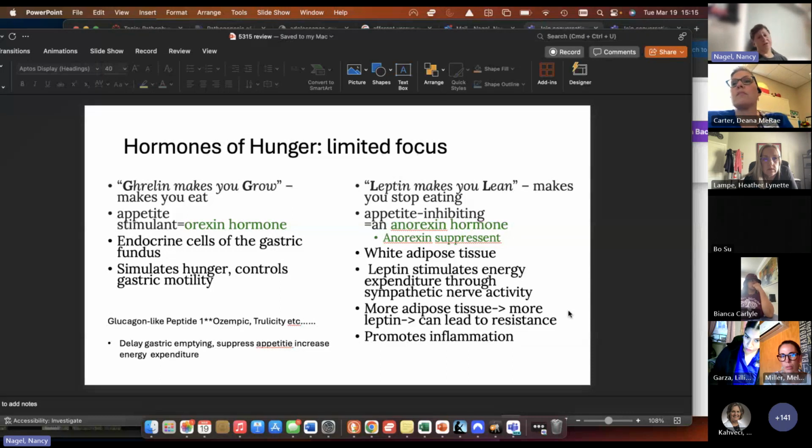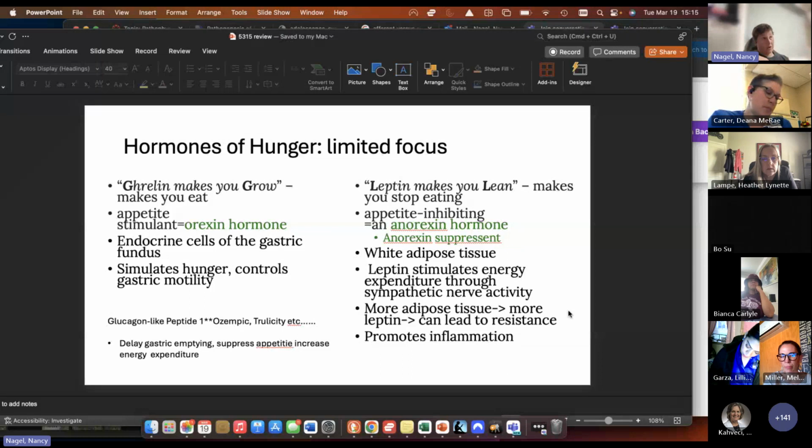So that increases the amount of leptin in our bodies, and so people start focusing on that and go, well, then I shouldn't want to eat, and I should have this appetite suppressed all the time because I have more leptin.